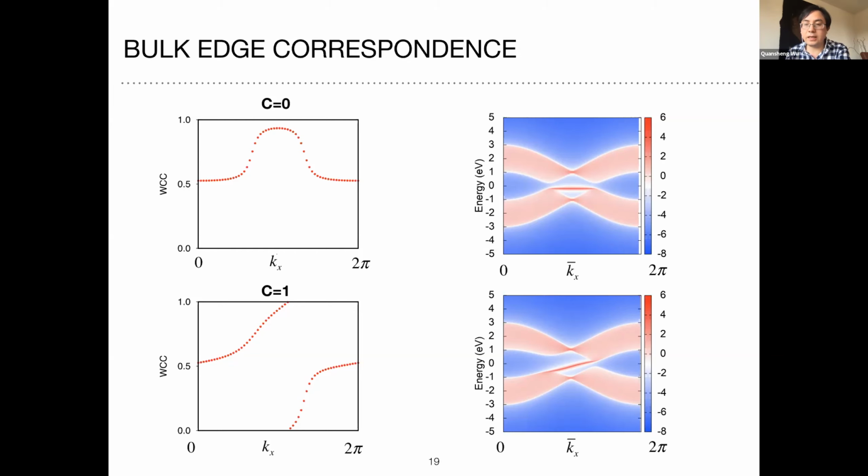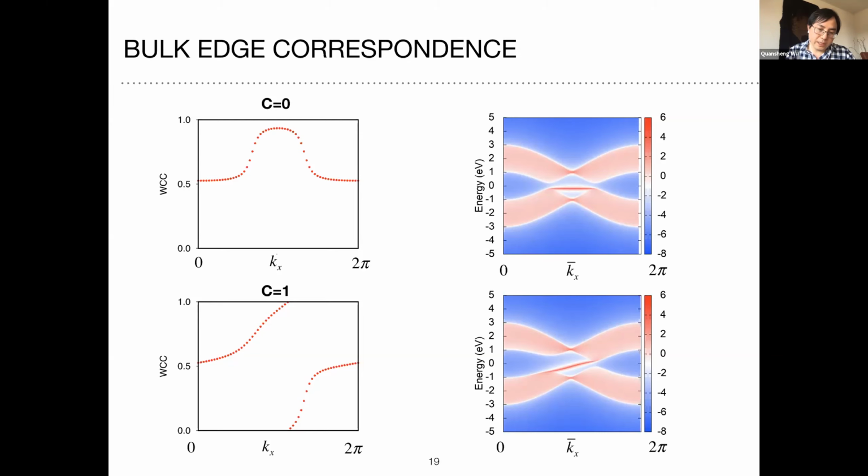Because it doesn't connect the conduction band to the valence band, and you can continue to deform this edge state into the bulk, so that there will be no edge state anymore. But in this case, the Chern number is 1.